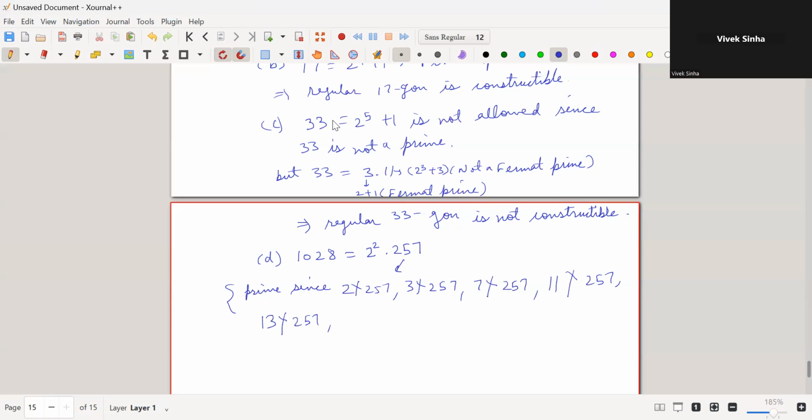What about 17? It will give you remainder 2. 19, no. 23, no. 29, whether we need to go that much behind.